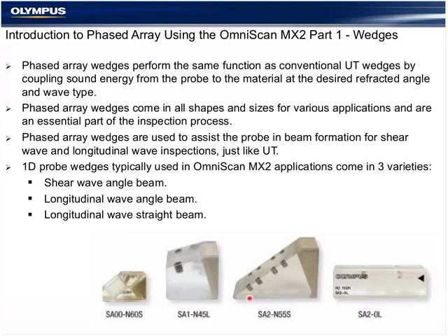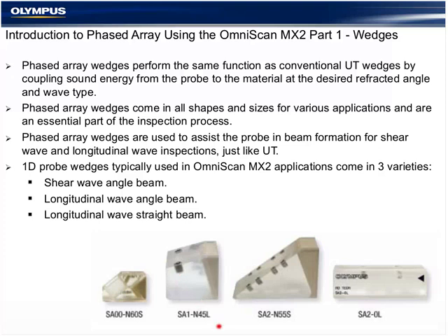The smaller the pitch of the probe, the greater the beam steering below and above 55 degrees. In the longitudinal wave beam, like you see here, we cut the wedge at a much lower angle, 19 to 23 degrees. So it optimizes a natural 45 longitudinal wave inspection.